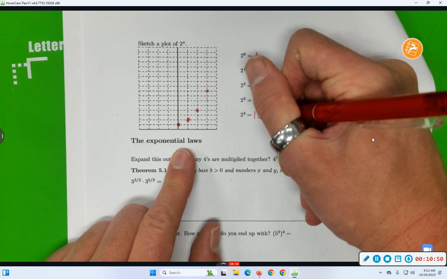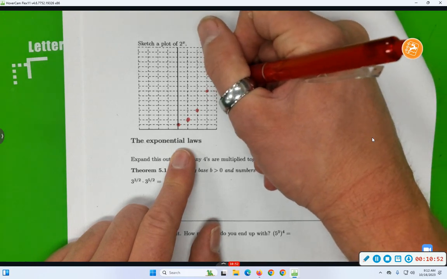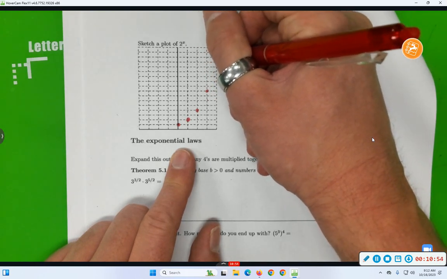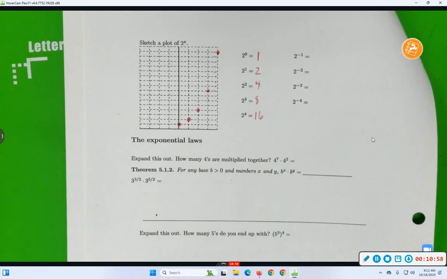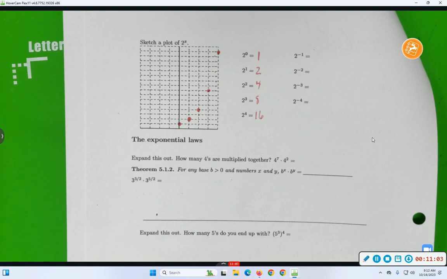Finally, 2 to the 4th is 16. So maybe you're noticing something about the height that is exactly what 2 to the x should do. The height is doubling every time you go to the right by 1, which makes sense. That's exactly what multiplying by 2 means.